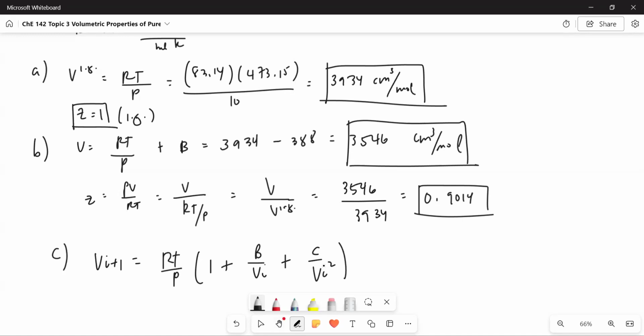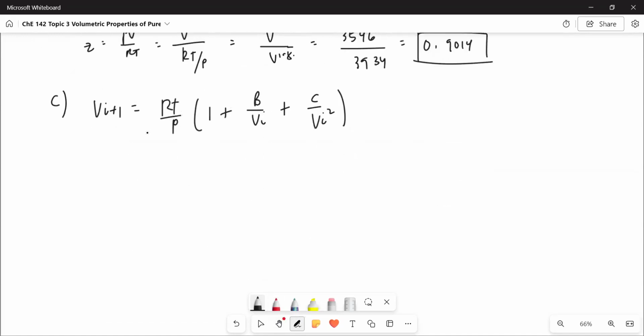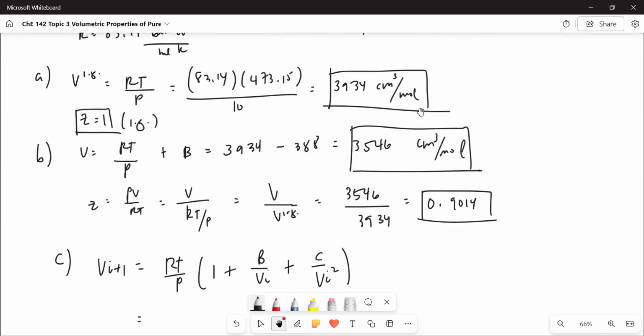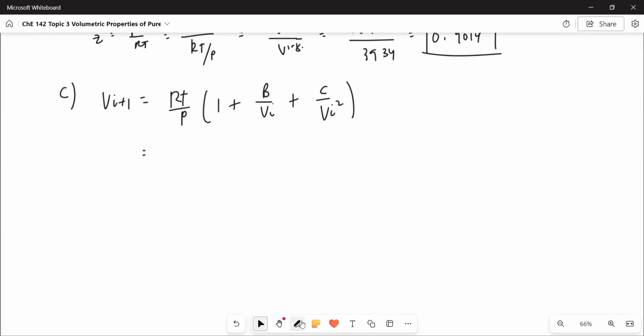So we substitute the values. RT over P, we already have, that's 3934.